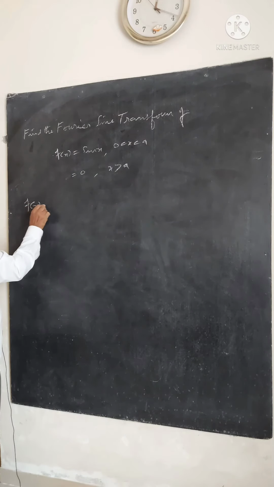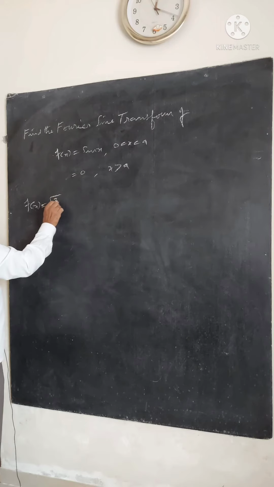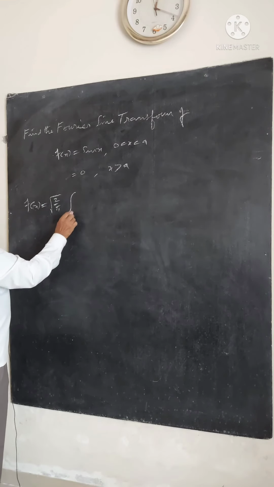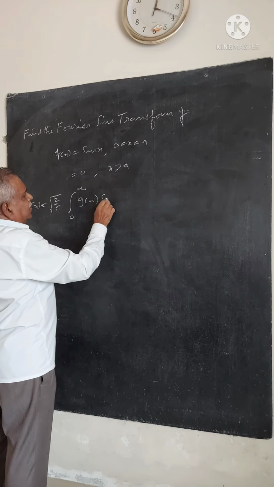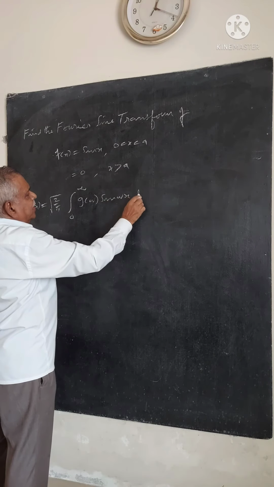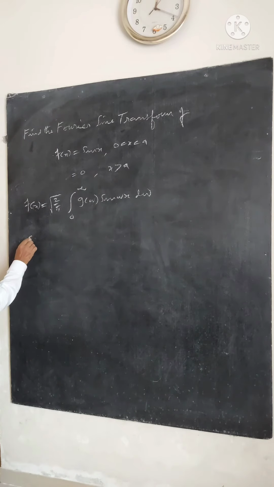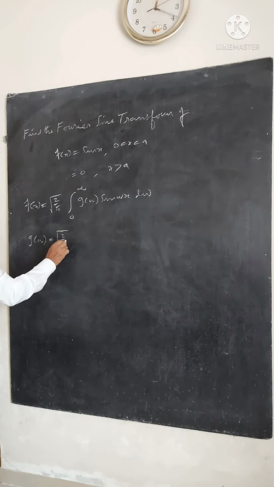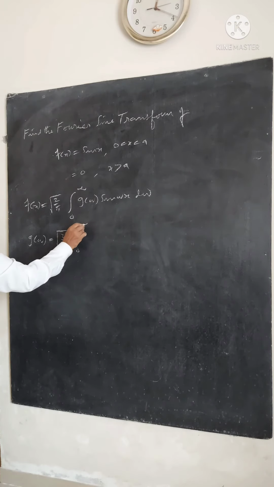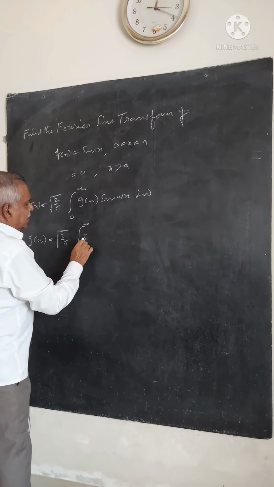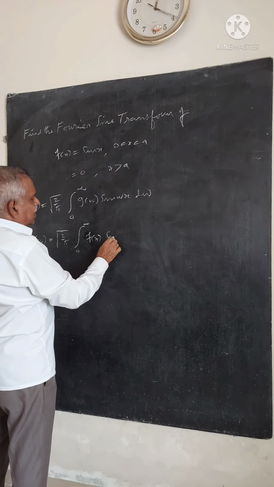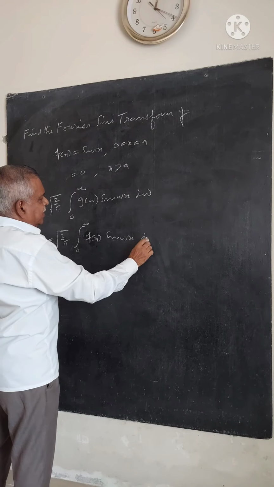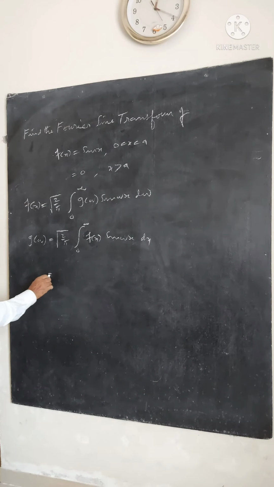Let us write the initial formula: root of 2 by pi, integral 0 to infinity of g of omega sin omega x d omega, where g of omega equals root of 2 by pi, integral 0 to infinity of f of x sin omega x dx.